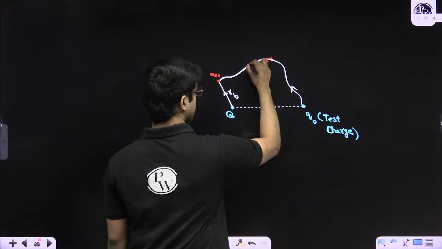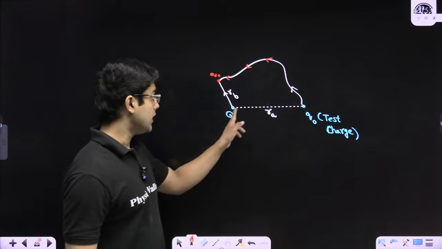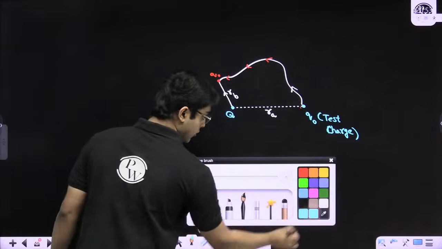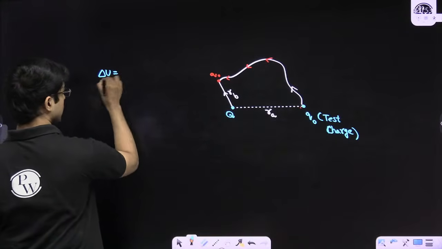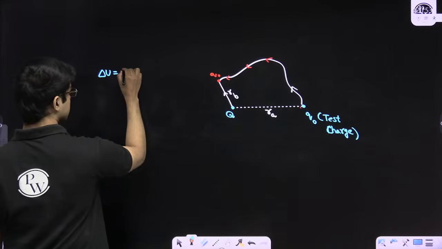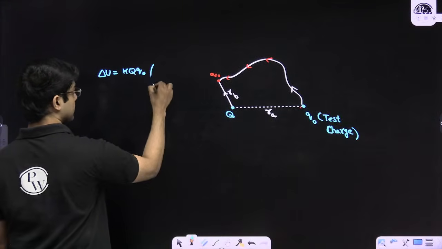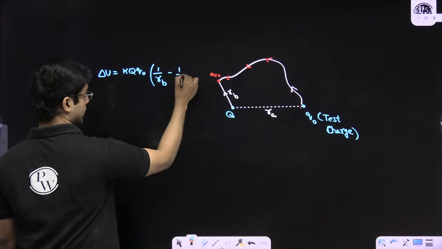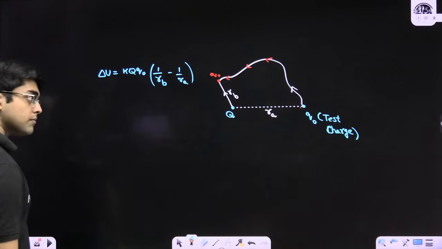When we move a charge through some path, with initial distance RA and final distance RB, we calculated the potential energy difference. The potential energy difference in this case was K capital Q into Q naught into 1 by RB minus 1 by RA.